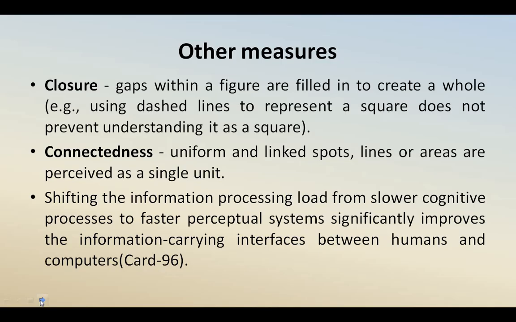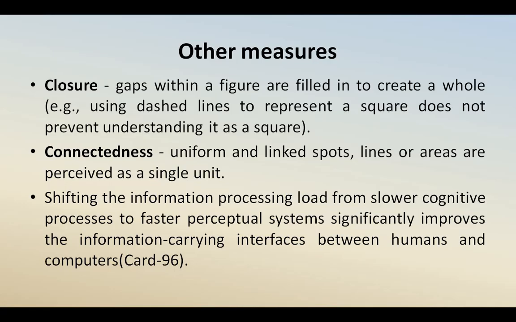So what we have seen, by considering all these measures like proximity, similarity, continuity, closure and connectedness, we are transferring the information load from the cognitive process to the perceptual systems, which improves the interfaces and can be understood very efficiently by humans.